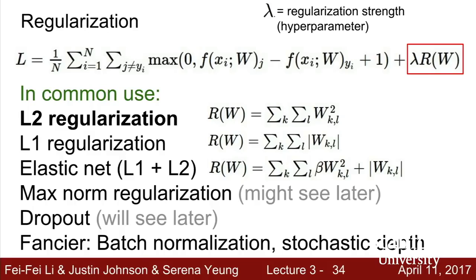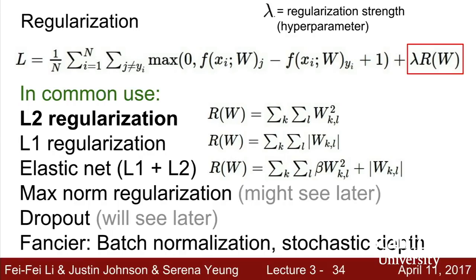Some other things you might see would be this elastic net regularization, which is some combination of L1 and L2. You sometimes see max norm regularization, which penalizes the max norm rather than the L1 or L2 norm. But these sorts of regularizations are things that you see not just in deep learning, but across many areas of machine learning and even optimization more broadly.